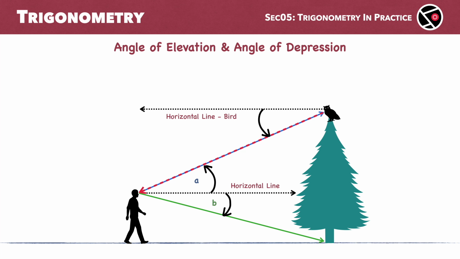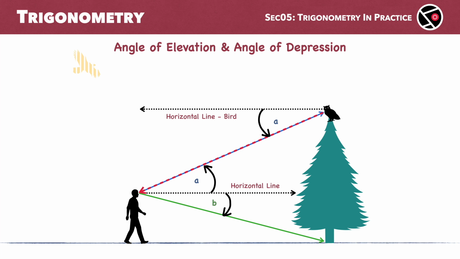Here is something interesting. This angle is also A, equal to the angle of elevation from your perspective. Why? Because the two horizontal lines, yours and the bird's, are parallel, and the angles on the alternate sides of a transversal are equal. Quite simple, right?